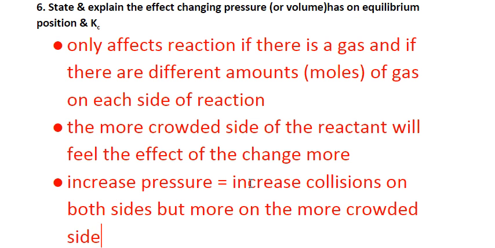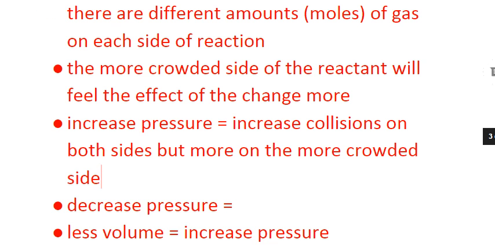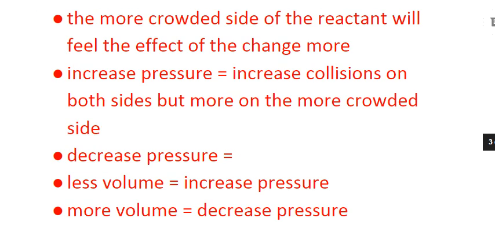So which way does your equilibrium move? It moves to the less crowded side. So when you increase pressure, don't tell me just the more crowded side, make sure you acknowledge that both sides are seeing an increase in collisions. It's just that the crowded side is going to see a bigger increase.